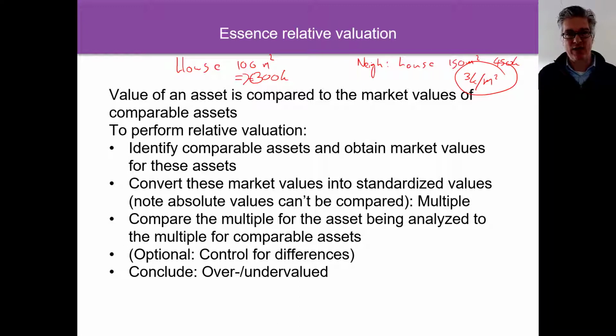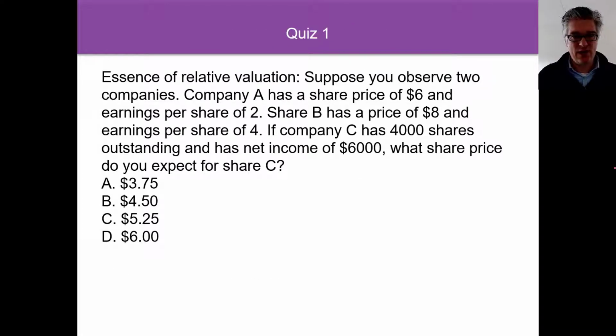And then compare that multiple to the asset that you're actually analyzing. So in this case, a house that is 100 square meters. If we then have 3,000 euros per square meter, then I know the price of my house. And then, more or less, we can conclude what the value should be, and then we can compare it to its actual value. So relative valuation is a fairly popular way to do things because it's relatively easy to do.